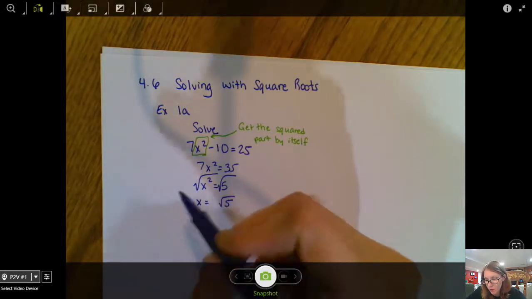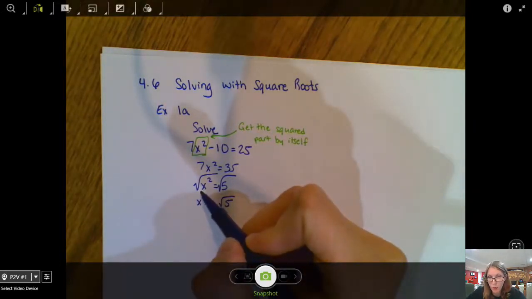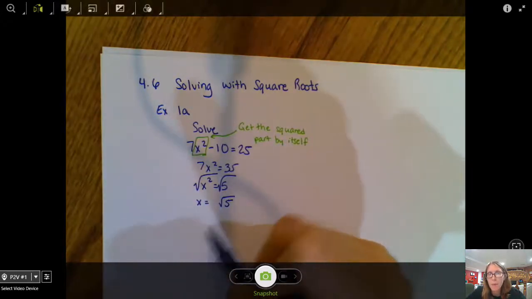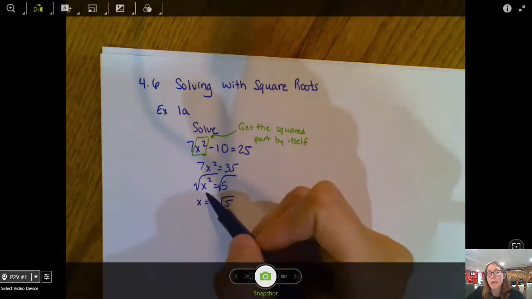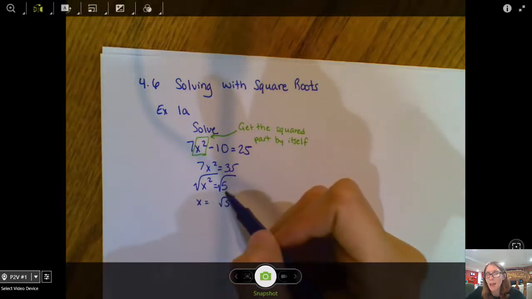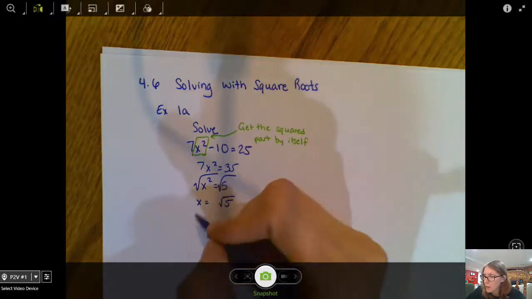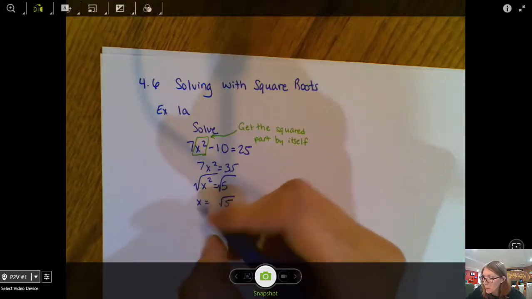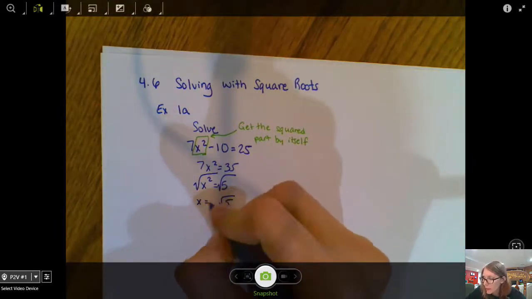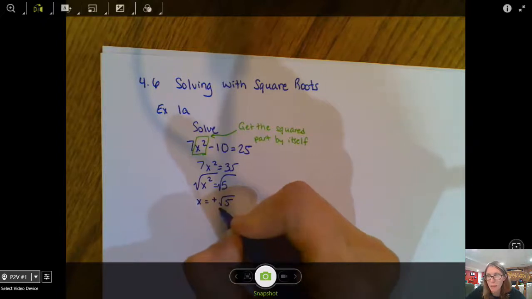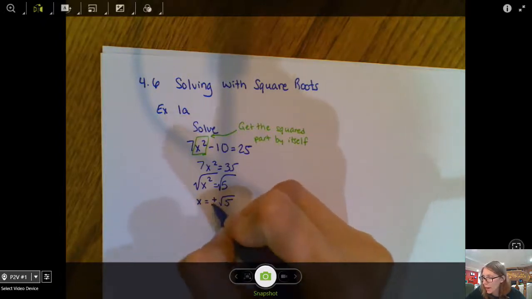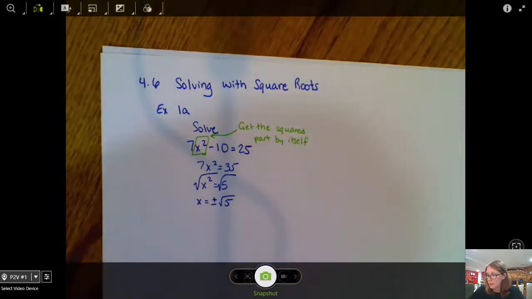One other thing to think about though, if I take the square root of 5 times the square root of 5, I get 5. But if I take the negative square root of 5 times the negative square root of 5, a negative times a negative, I still get positive 5. So whenever we take the square root of both sides of an equation, we could get positive square root of 5 or negative square root of 5.